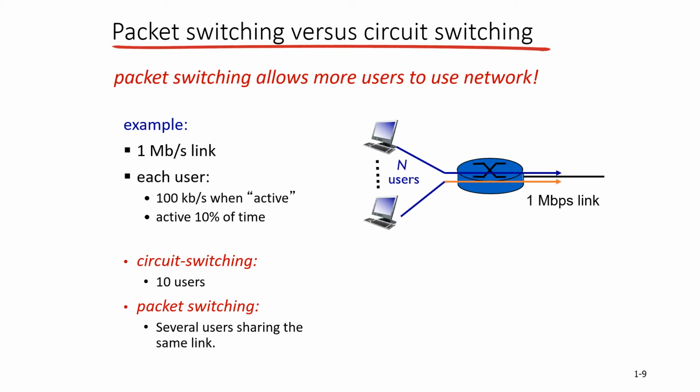Whereas in packet switching, you have several users that are going to share the same link, but because the probability of use is different, it is quite likely that if, let's imagine, 9 people are not using the internet, the 10th person who is actively browsing the internet can avail a maximum of 1 megabit per second. And if 5 people are using it, you can simply divide 1 megabit per second by 5.